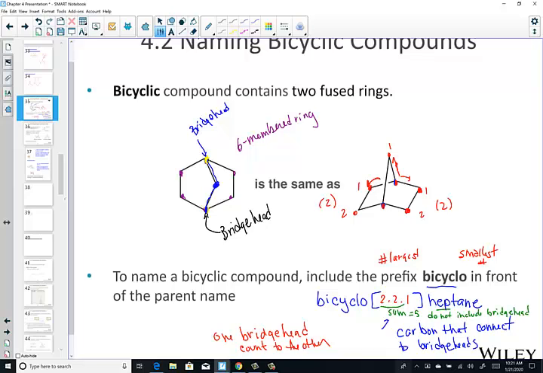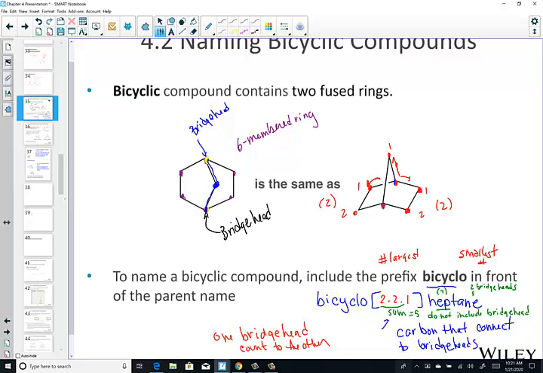So when I'm counting those numbers, those are numbers of separation. So a heptane, which has 7 members in the entire bicyclic structure, 2 of those are bridgeheads, and those are the carbons that are part of both cyclic structures. And that remaining 5 must be the placement of the carbons leading from one bridgehead to the next.